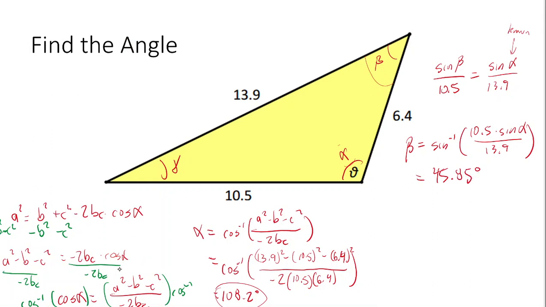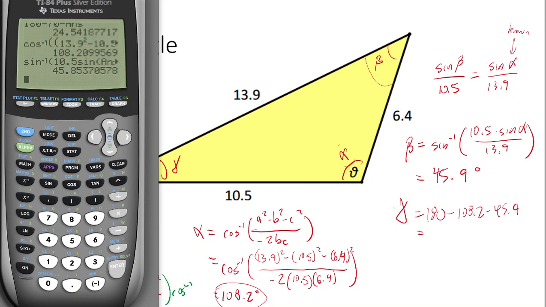Okay, and then gamma. Gamma is going to be 180 minus our 108.2 minus our 45.9. Let's just keep to one decimal place. And follow your teacher's guidelines about how many decimal places they want in these angles or on the side lengths.